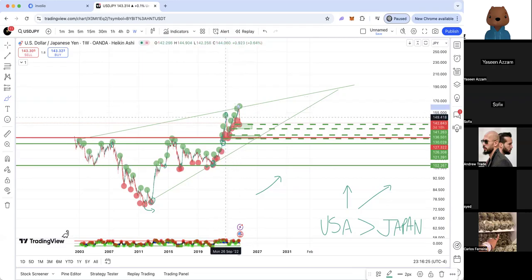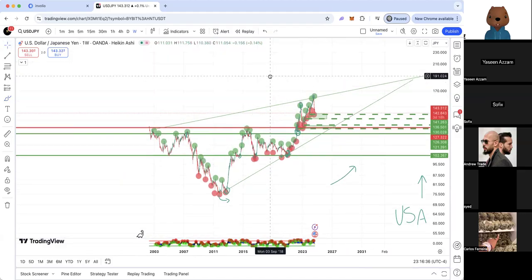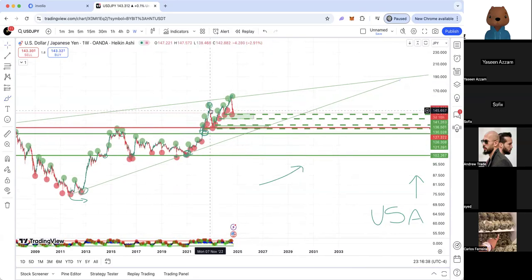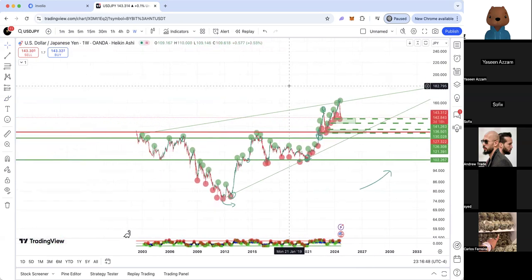It's kind of coming down. But the last 2 years, the US economy compared to Japan has been booming. So that's what the price is telling us right now, the US dollar versus the Japanese yen. This is essentially how we should look at the markets.